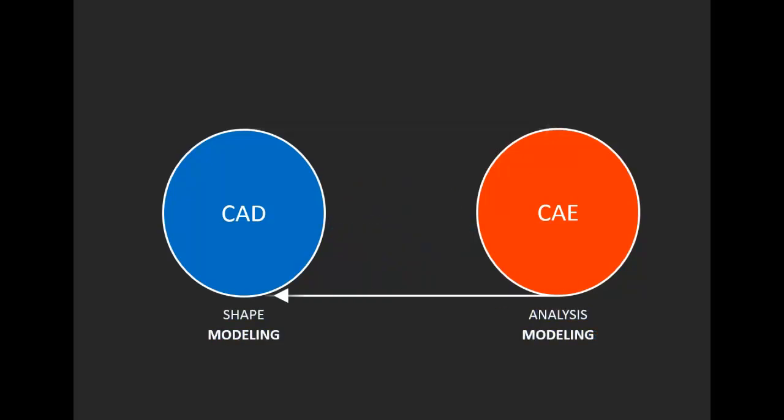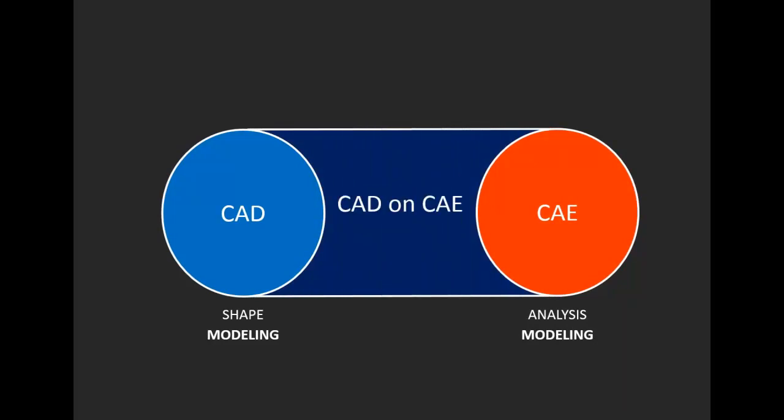Or can we have the analytical model as a structural drawing? So basically, what I mean to say is, can you connect CAD and CAE, that is shape modeling and analysis modeling, together?